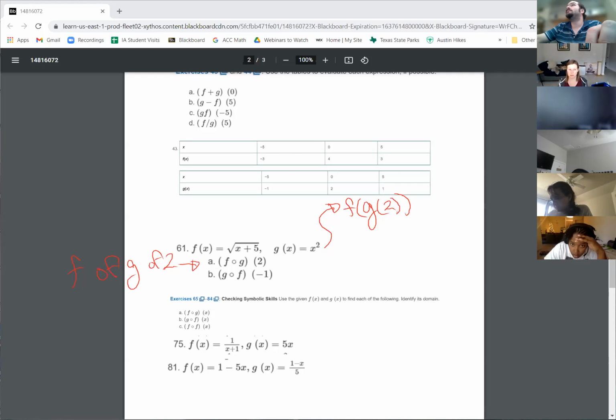So this kind of helps them know where to start. So we're going to start with G of 2, and we're going to find G of 2 first. So G of 2 is 2 squared, which is 4.